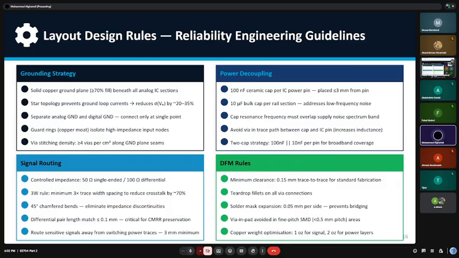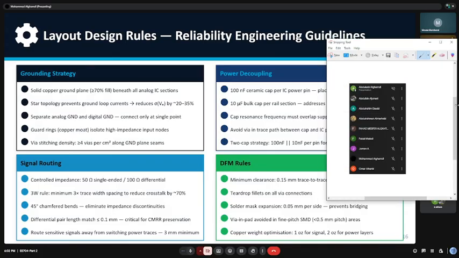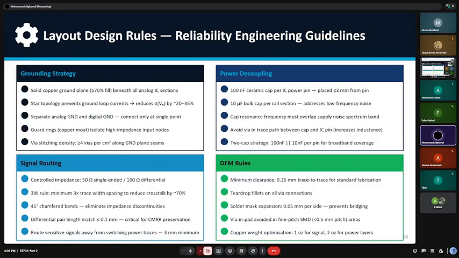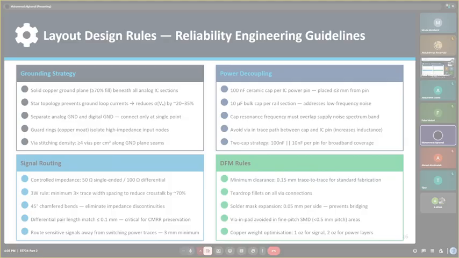The capacitor resonance frequency must overlap the supply noise spectrum band. Avoid long trace paths between the capacitor and IC pin. Two-cap strategy: 100 nanofarad in parallel with a second capacitor per pin for broadband coverage.